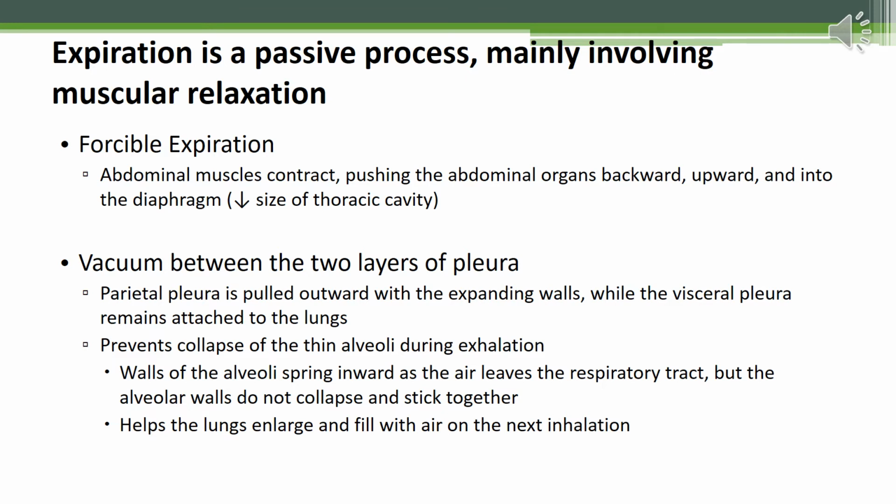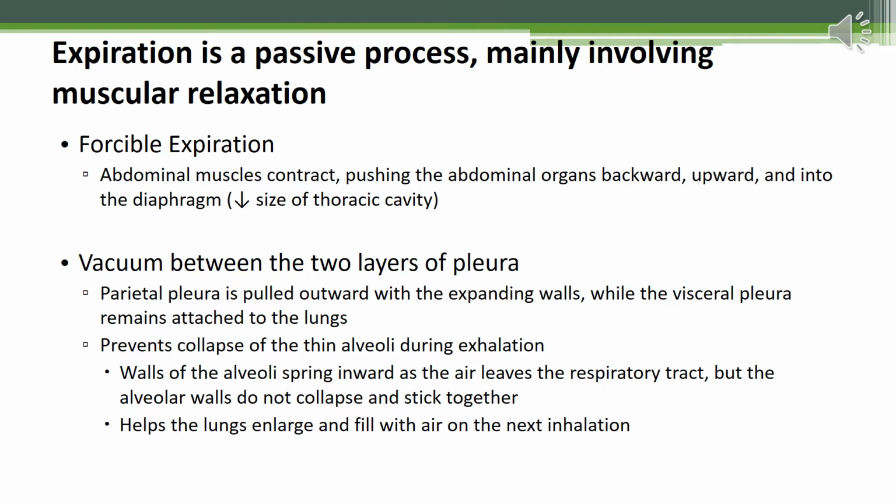As mentioned, there's a vacuum between the two layers of pleura. The parietal pleura is pulled outward with the expanding walls, while the visceral pleura remains attached to the lungs, and this occurs during expiration. This prevents the collapse of the thin alveoli during expiration or exhalation.